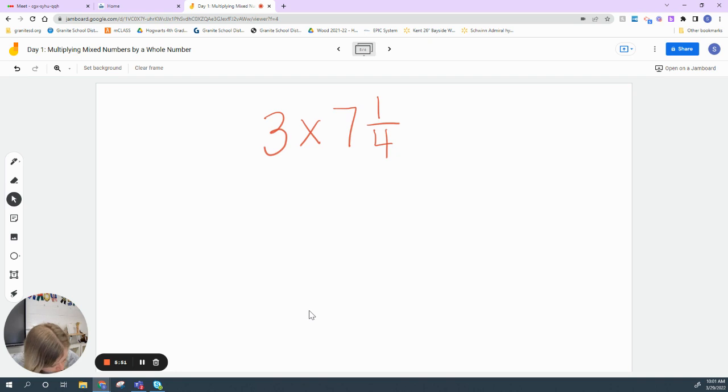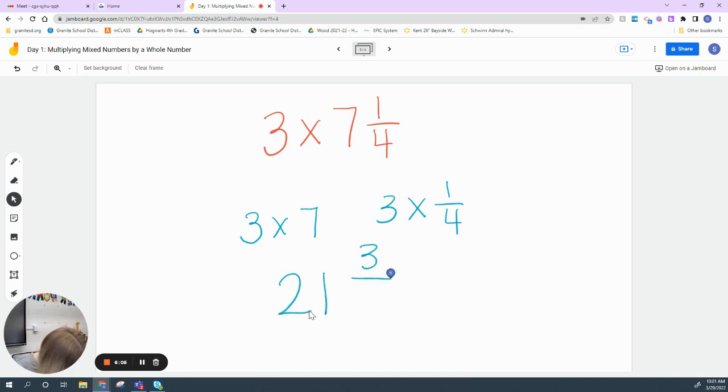So we're going to take our 3 times 7, our whole number, and 3 times our fraction. And we're going to get 21 and 3/4. So this is practicing our multiplication skills, and all that jazz.